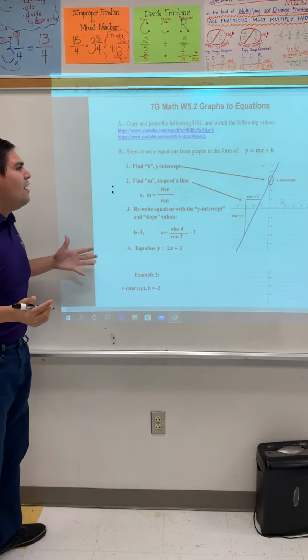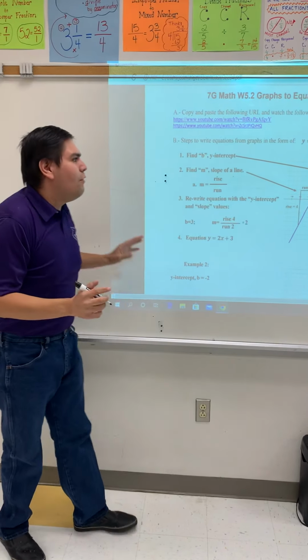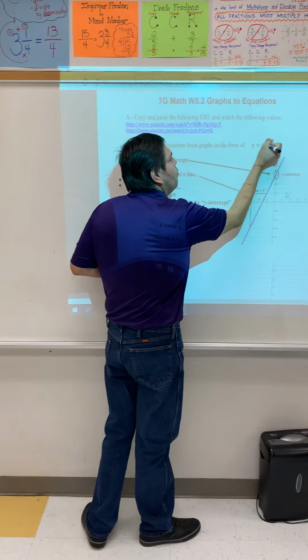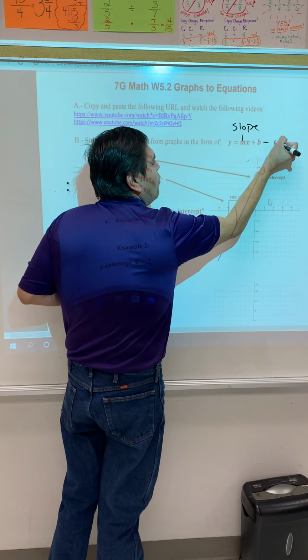What I tell my kids is that honestly, the only two things you're looking for in the graph is your slope, which is your m, and your y-intercept, which is your b.